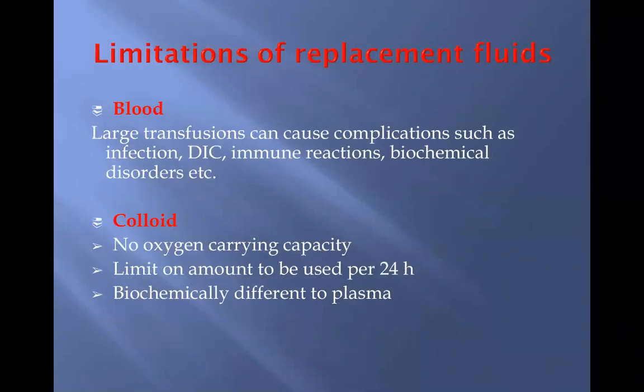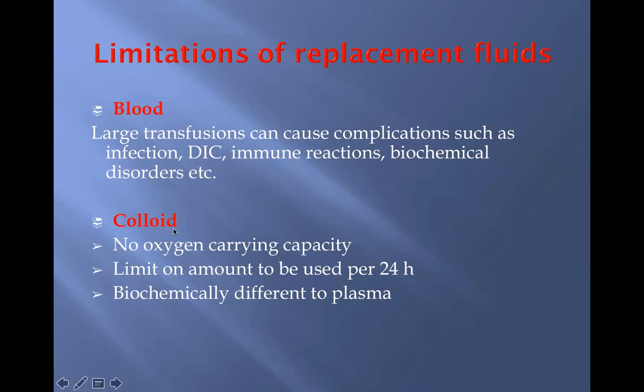Limitation of replacement of fluid regarding the blood. Large transfusions can cause complications such as infection, DIC, immune reaction, biochemical disorders, already mentioned in the complications of blood transfusion in the lecture of blood transfusion.